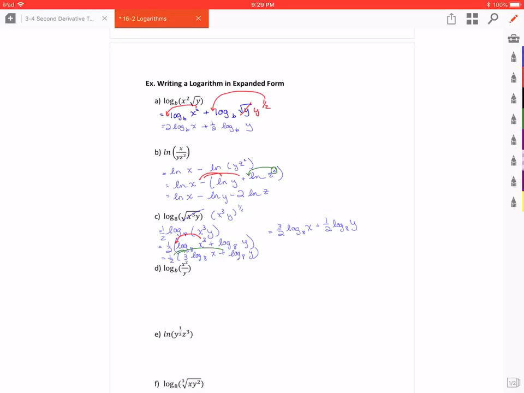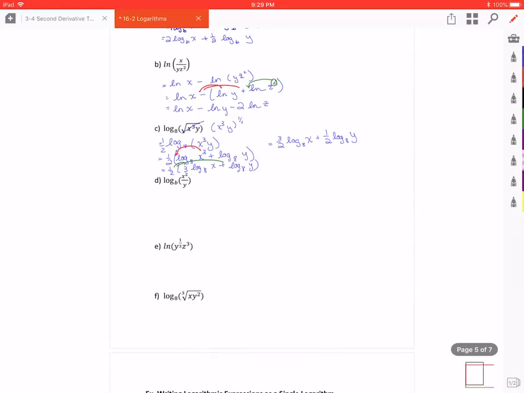So anything that started in the bottom of a fraction will be negative when you expand it. You can't have any exponents in expanded form, so make sure you move them all to the front. I think those are all the little tricks I can think of for that.